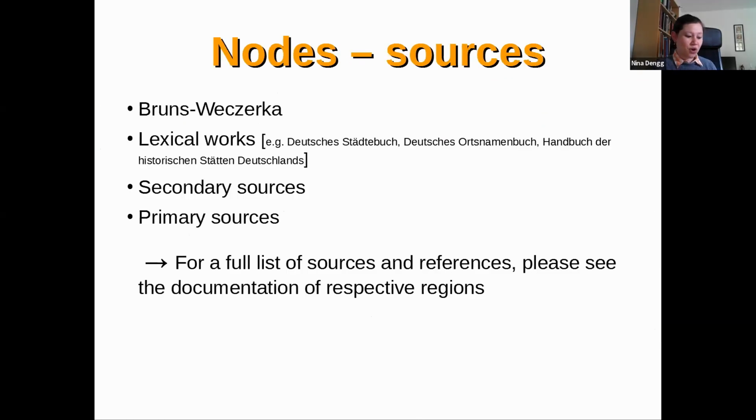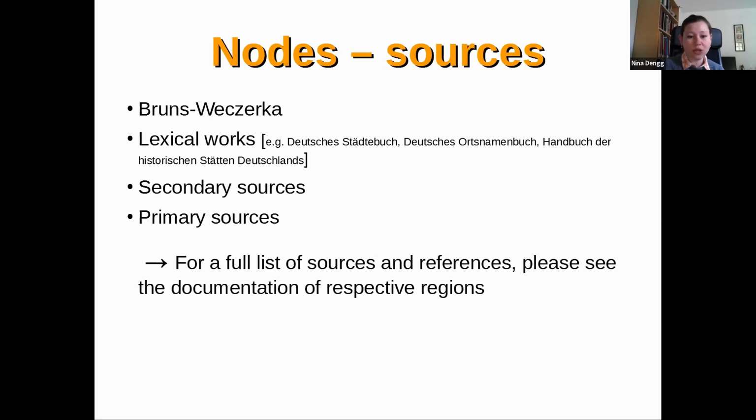Here's an overview of the sources we used for the nodes. Of course, Bruns and Wiczierkowski, as already mentioned, we used a lot of data from them because they also derived many data from the primary sources, which we did not necessarily do.